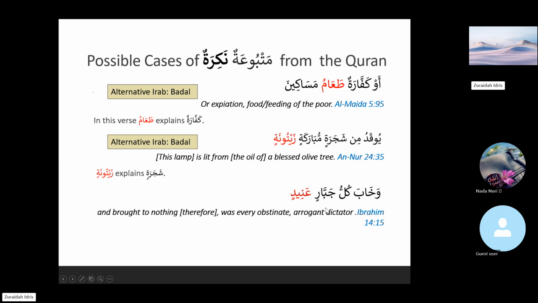Jabbarun. Now, in this case, Jabbarin is what we call an arrogant dictator. It's bad enough he's a dictator, but he's arrogant. And anidin means obstinate, stubborn. Anid is to be stubborn. Now, this is the sifah mushabbaha. This is sirah mubalagha, more of a character that they exhibit again and again.